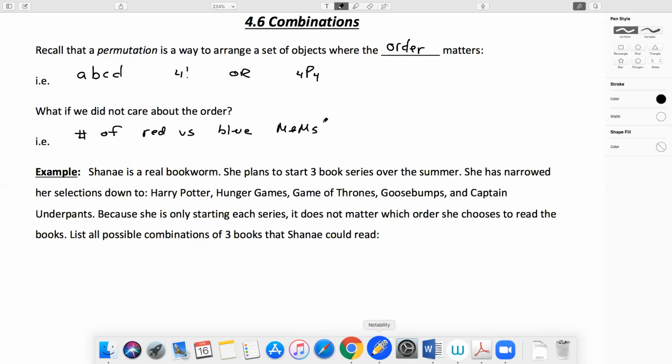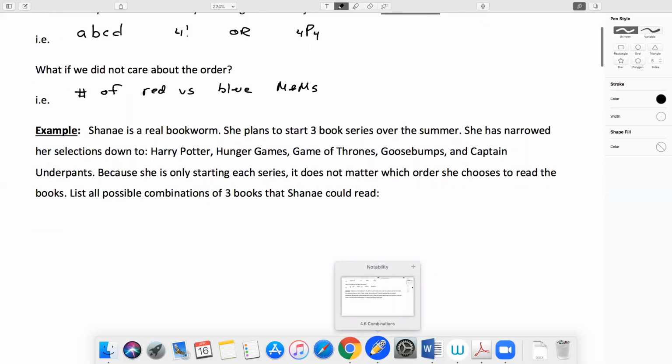The order that they fill the bag makes no difference because when you shake it up, they are still in the bag. What matters is how many reds and how many blues. So in some cases, the actual order of the numbers or the letters or the objects doesn't matter, and that's really what a combination is all about.